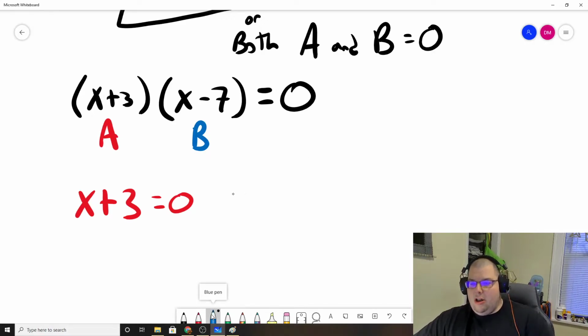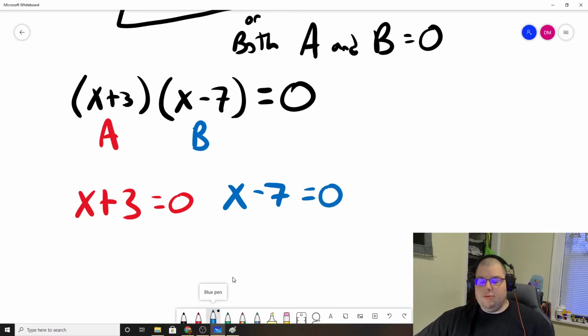And then I take all of B, which is x minus 7, and set it equal to 0. And then I solve for x.